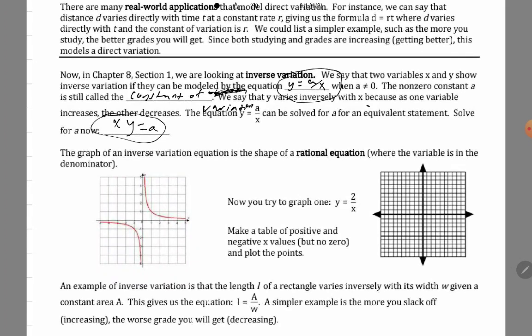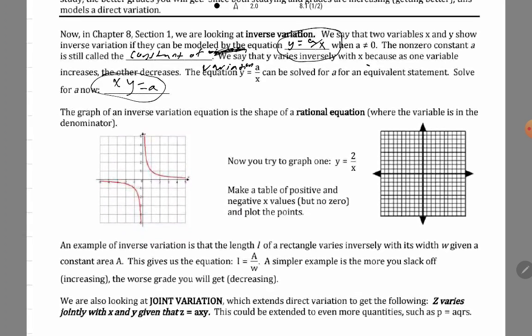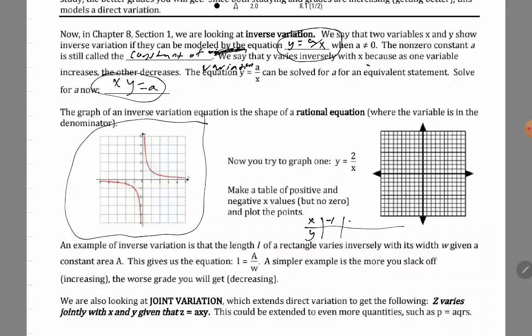So the graph of an inverse variation is the shape of a rational equation, where the variable is in the denominator. That's the general shape of the graph on the left here. We can't use 0. So let's make a table for this one. X, Y. Use some easy numbers, but not 0.